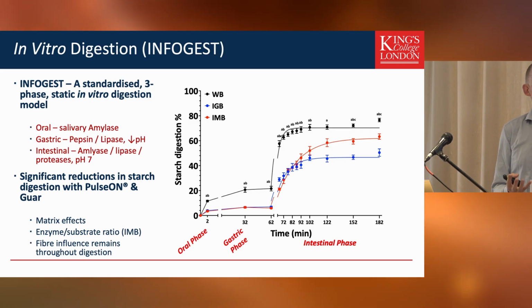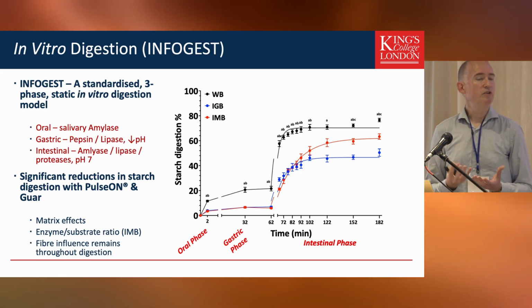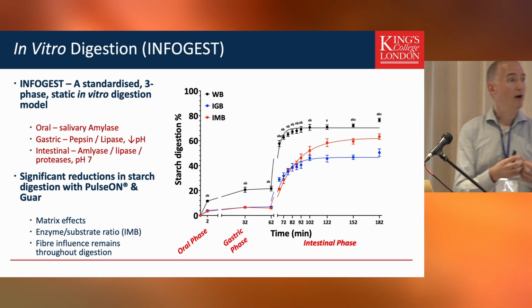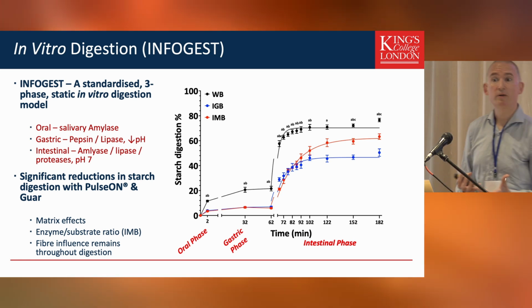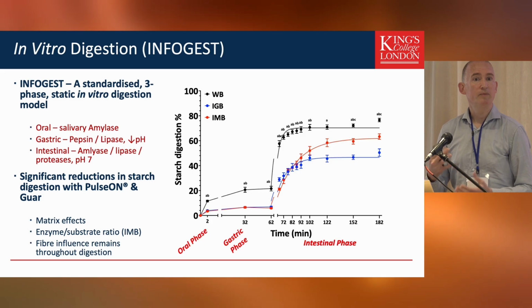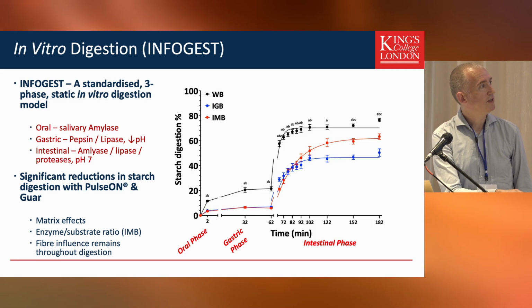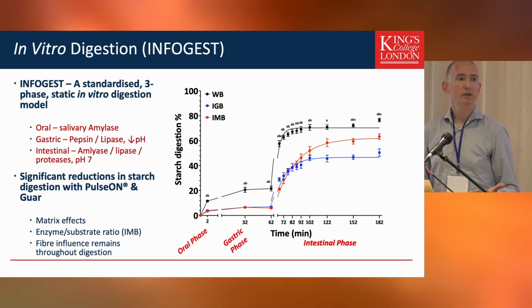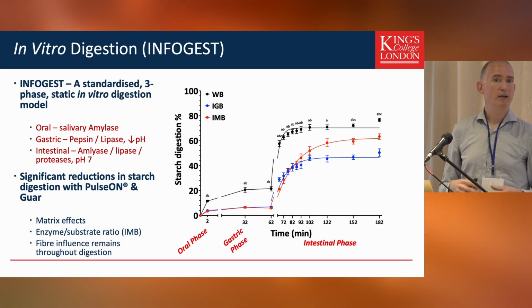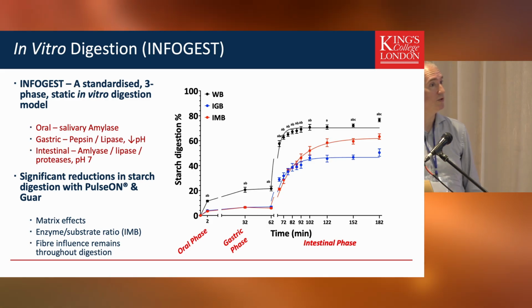As you break it down, the guar and the chickpea change the rate at which it breaks down, so you get different particle size in the bolus. That's going to slow rates of digestion. And then in the intestinal phase, we're looking more at the microstructure, the chickpea cell walls, and the influence of the guar in terms of viscosity.